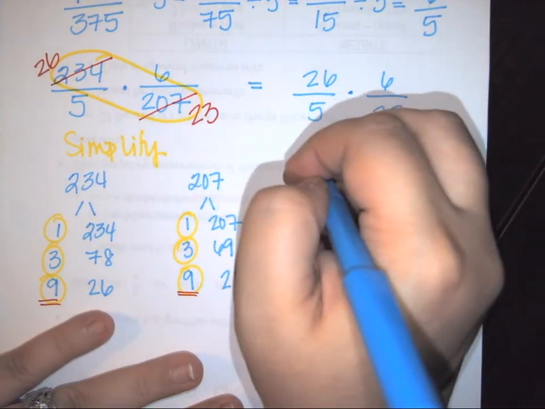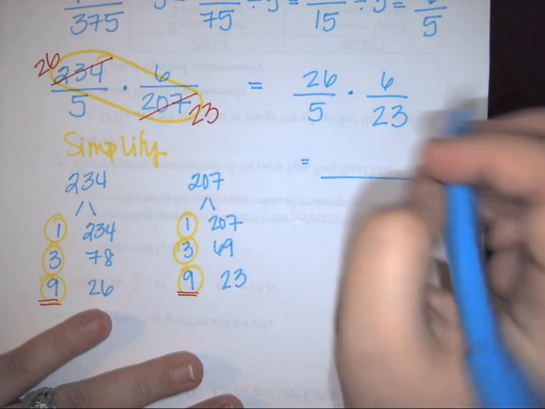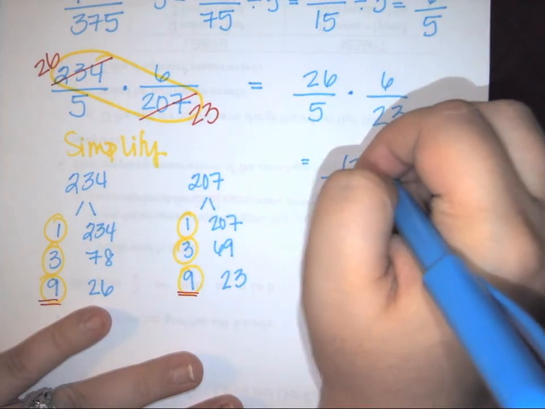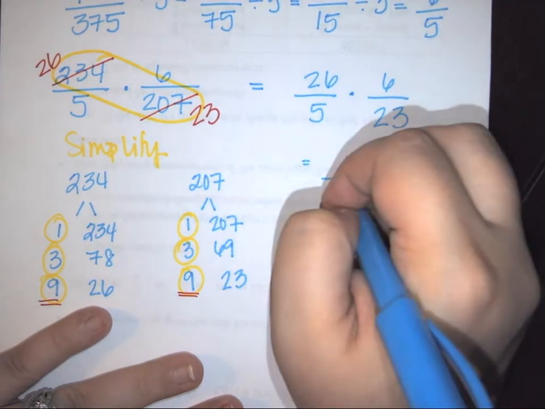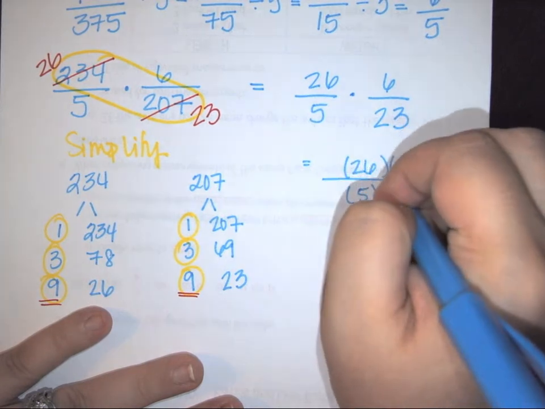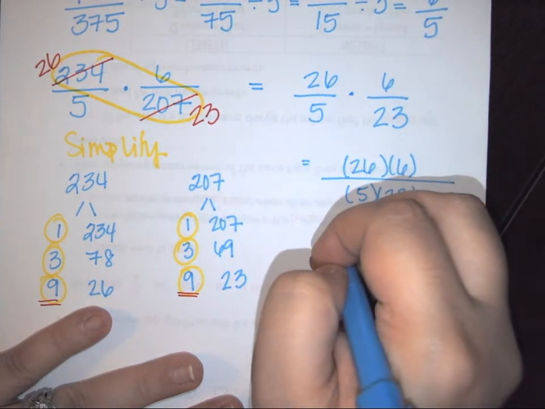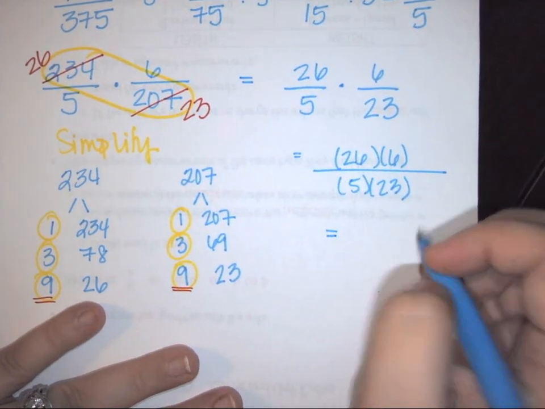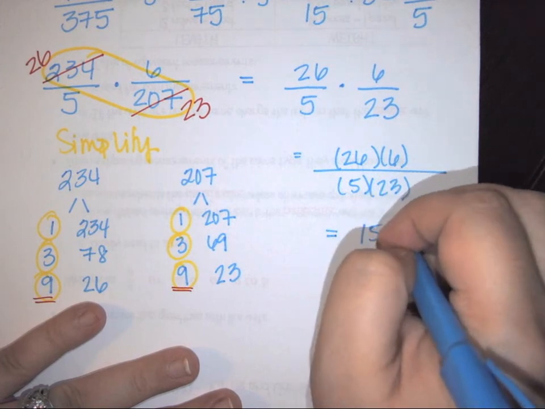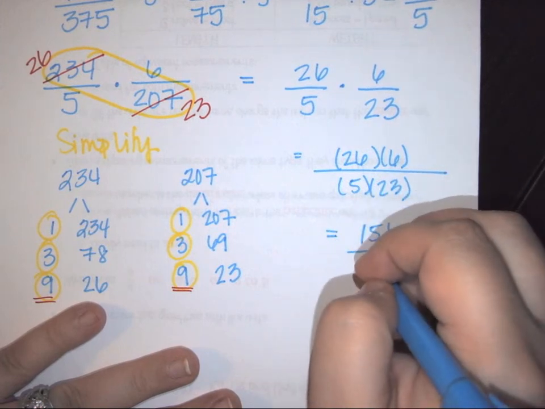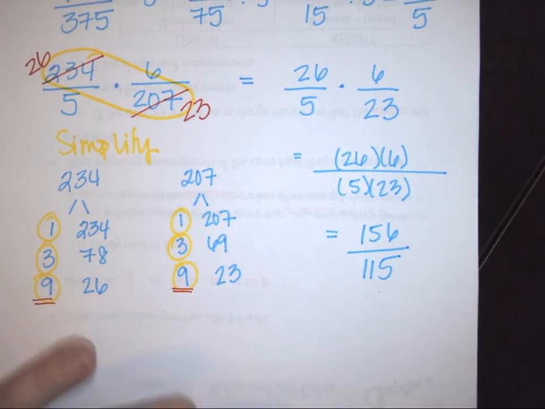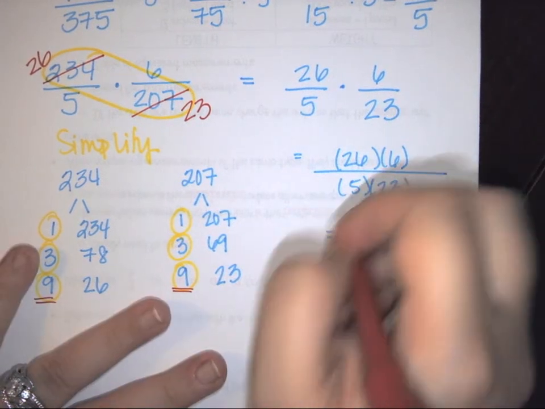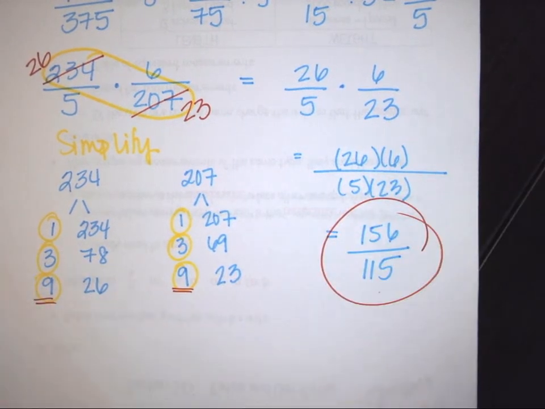I now want to go straight across the top, so this is going to be 26 times 6 over 5 times 23. And in this case, this is going to give me 156 over 115. And that is my end result. Okay.